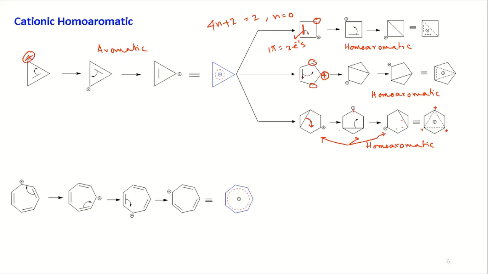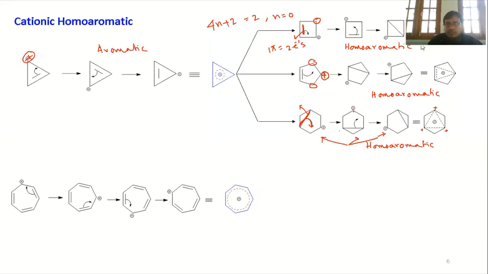Similarly, here also one pi is moving. Here it is not pi, it is sigma that is moving. So all are maintaining it. In all these cases, you have 4n plus 2 and two electrons actually moving by overlooking the sp3 center or centers.